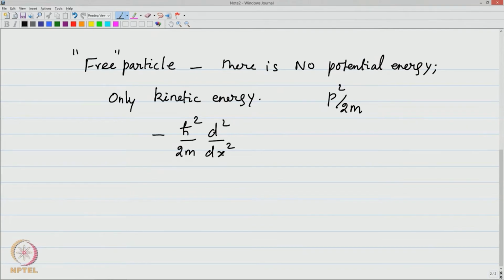So, what is the solution for the free particle kinetic energy operator? We are looking at all solutions of minus h bar square by 2m d square psi by dx square equal to E psi. This is H psi equal to E psi, the Schrodinger equation for time independent quantum mechanics.